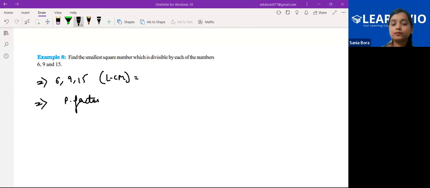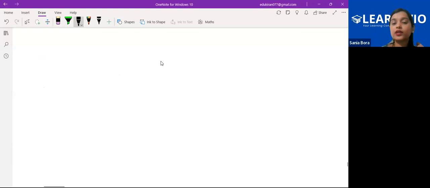Let me just ask you one question. For example, I did a prime factorization of this number, let's just say 29. I did this prime factorization: 2 into 3 into 3 into 7. Of course, this has only one pair, so that means this is not a perfect square.